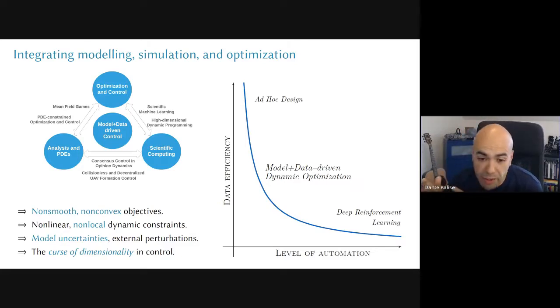So they are highly automated, but nowadays we're starting to realize that, of course, all these methods are very, very inefficient with respect to the use of data. Training a neural network to discover a control law, like a reinforcement learning algorithm, even if the problem is very simple, sometimes requires hundreds of thousands or millions of data points to do this regression, to do the machine learning.